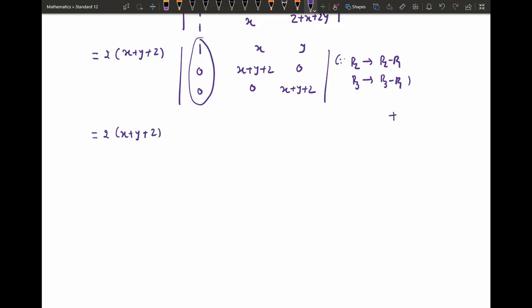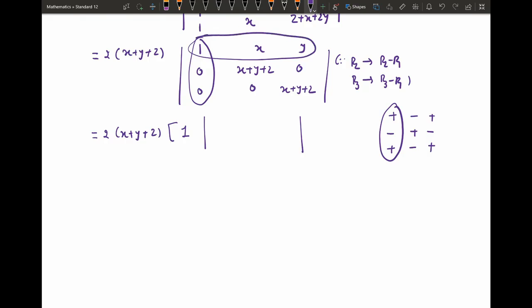So expansion is using this sign property: plus, minus, plus; minus, plus, minus; plus, minus, plus. Expand using first column. So 1 into 2 by 2 determinant, leaving the row and column in which that entry lies. Remaining form a 2 by 2 determinant: x plus y plus z, 0, 0, x plus y plus z, and the remaining 2 entries are 0, so no need to check the expansion, 0 into 0 will be 0.